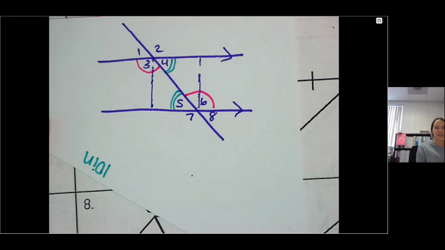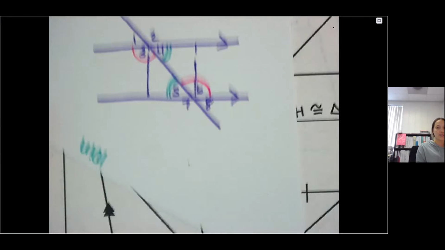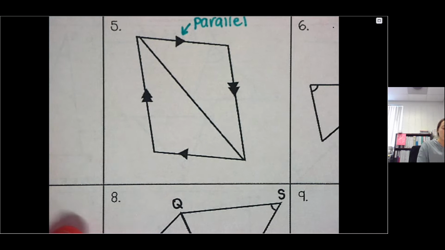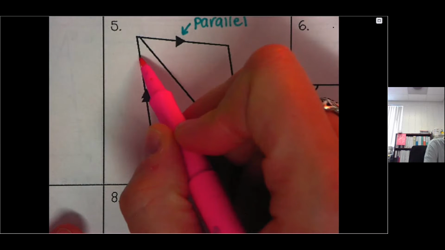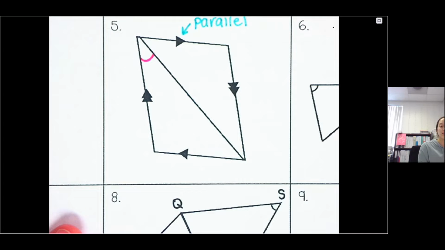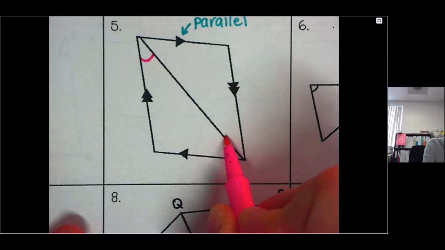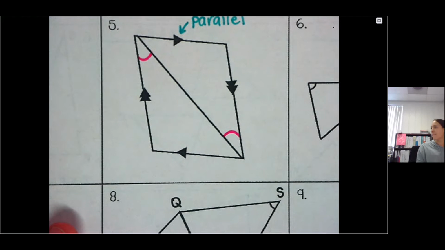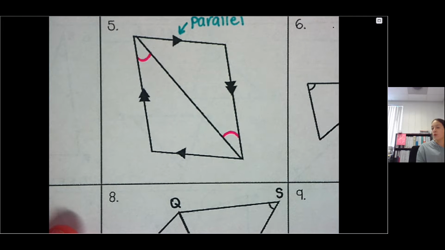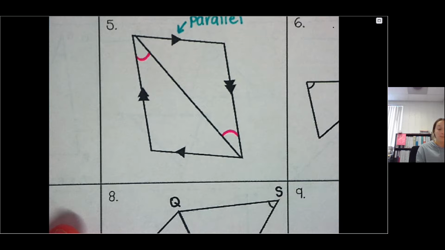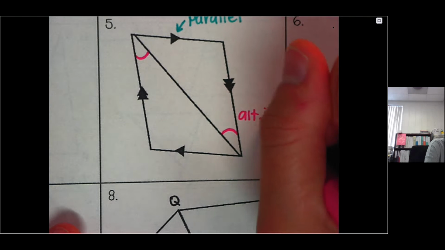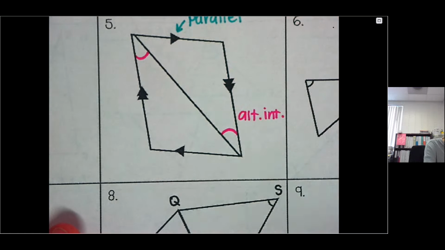Okay, so now we're going to take that exact picture and transfer it right here. Same thing. You've got this angle here that should be the same as the alternate one over here. Does anybody remember what those are called? Alternate interior angles.